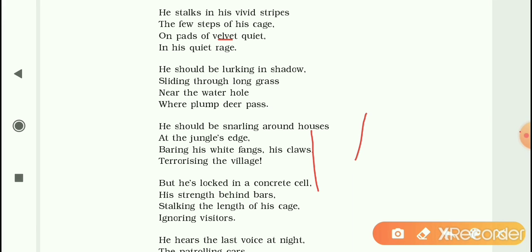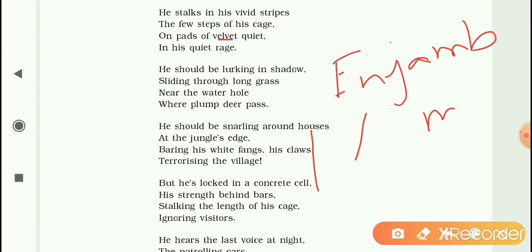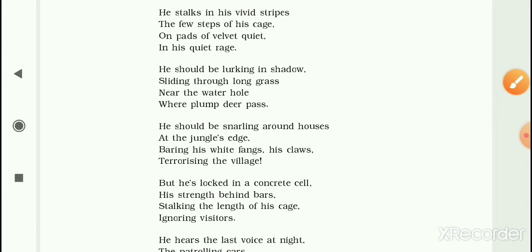So this feature is called enjambment. Enjambment is, as I told you last year, a continuing sentence without punctuation that is used in this poem. So that's all for the poem.